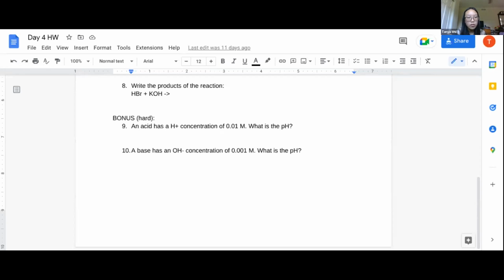The hydrogen from the hydrobromic acid and the hydroxide from the potassium hydroxide are going to make water. So that takes care of the 2 hydrogens and oxygen. And then you just have potassium and bromine left. The cation goes first, so it's KBr.